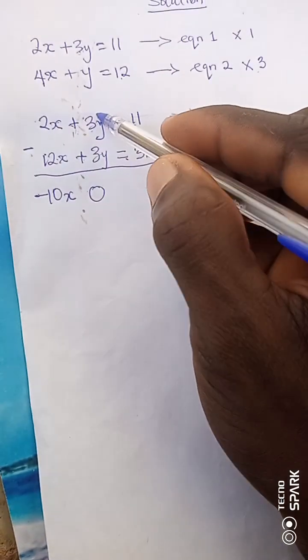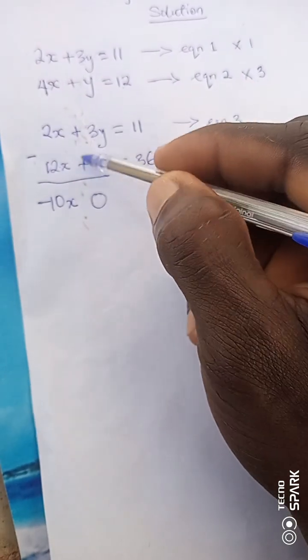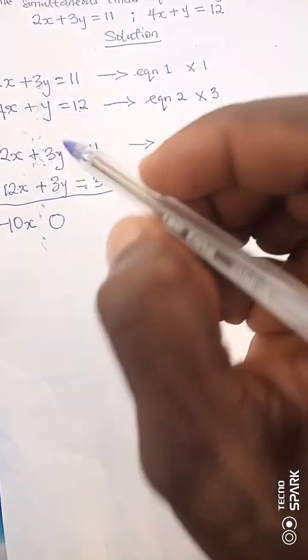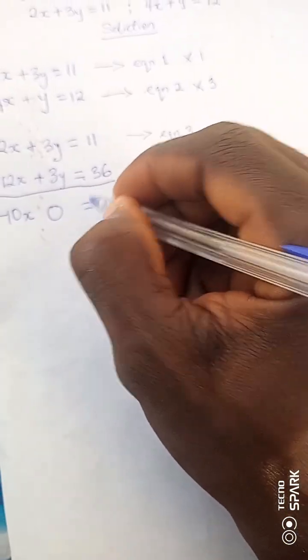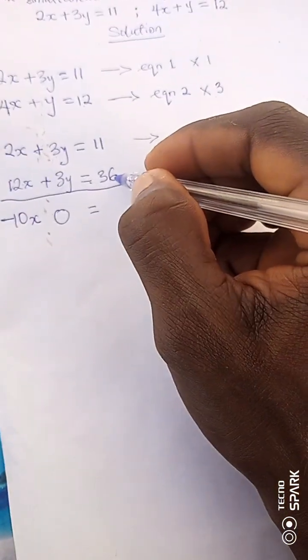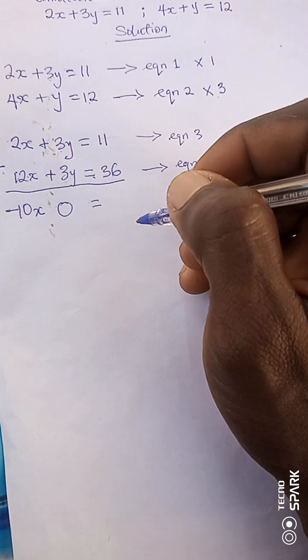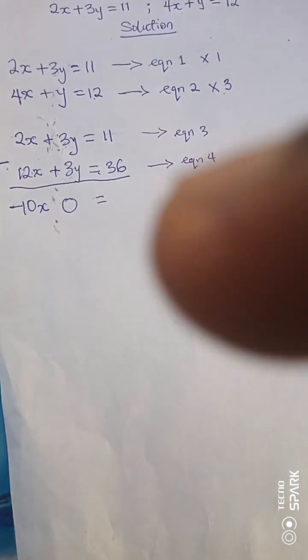That is why I've eliminated y. That is why it is called elimination method. Equal to 11 minus 36.